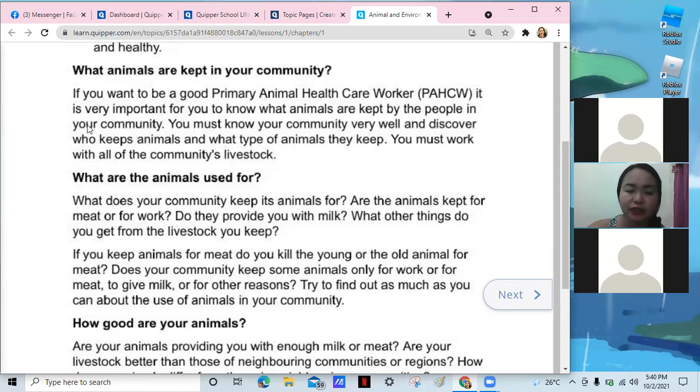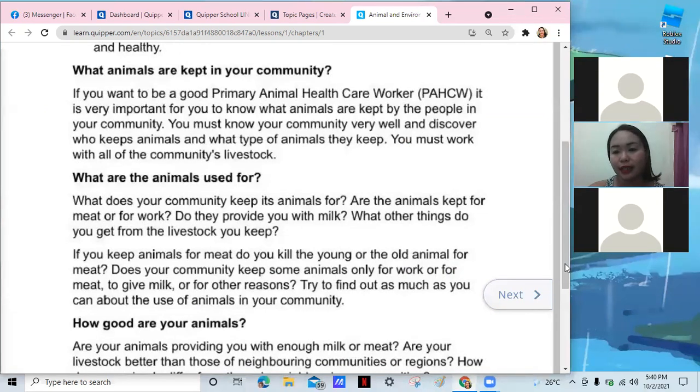So if you want to be a primary animal health care worker, like being an animal producer, for example, or just a caretaker, you need to know what kinds of animals are kept by the people in the community, and also discover who the people are that keep animals and what type of animals they're keeping.